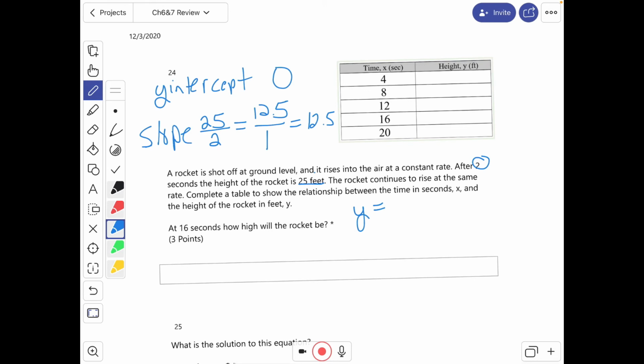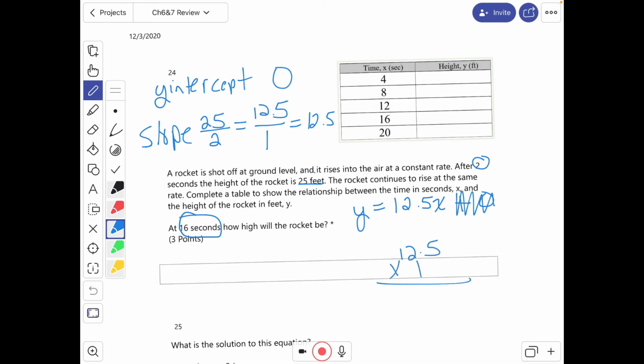So if I put it all together, my equation is y equals 12.5 times x plus 0. Well, then I could just leave the plus 0 off, and for every second it's up in the air, I need to multiply by 12.5. And you can fill out the whole graph, but it really just asks at 16 seconds.